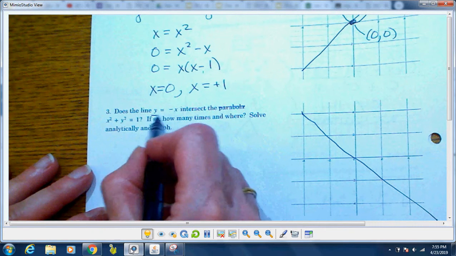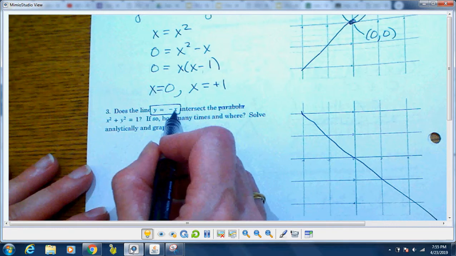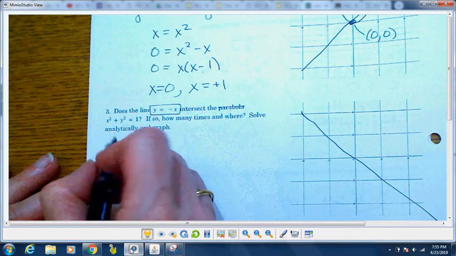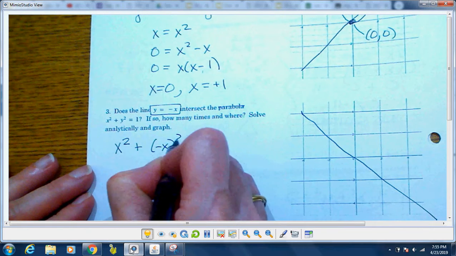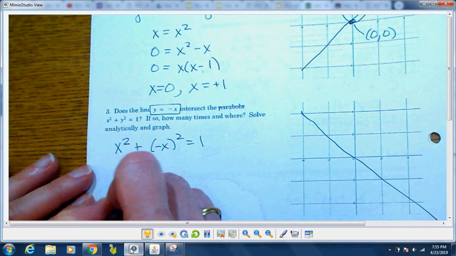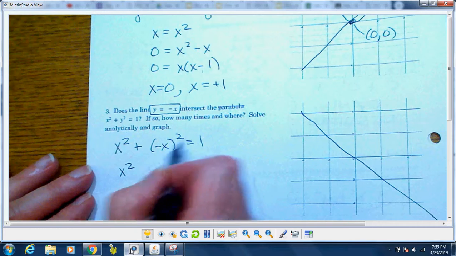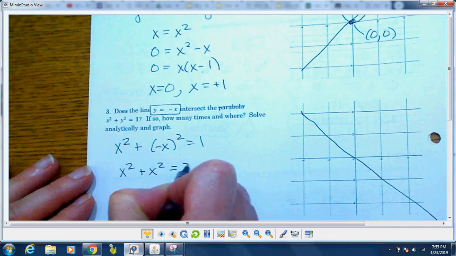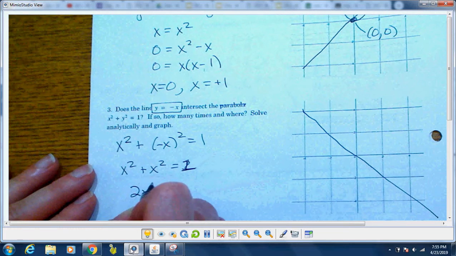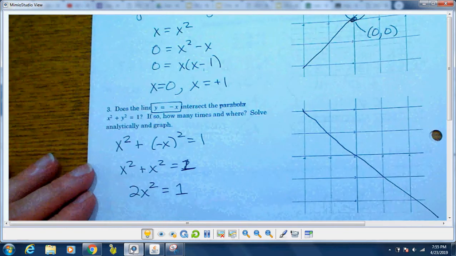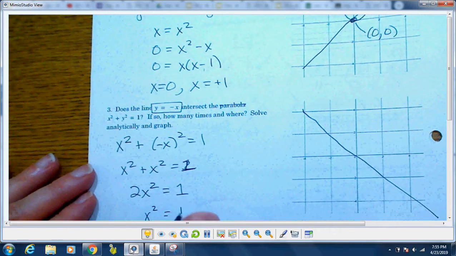I know that this is what y is, so I'm going to substitute that into this equation. So x squared plus negative x squared equals 1. Sorry, so 2x squared, just getting ahead of myself, equals 1. So x squared equals 1/2.